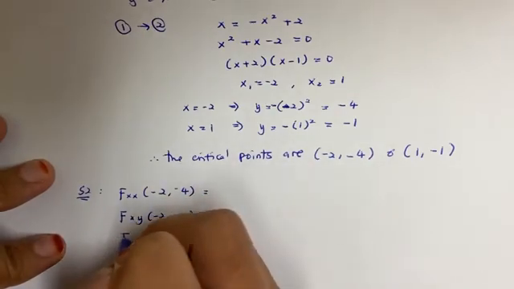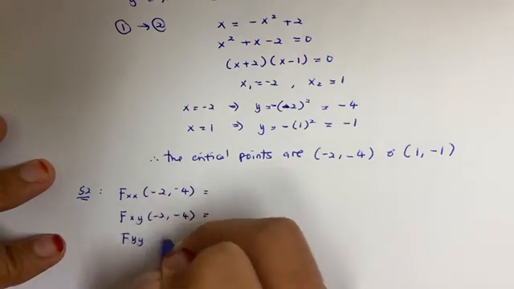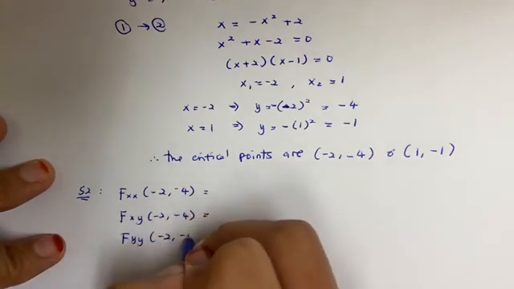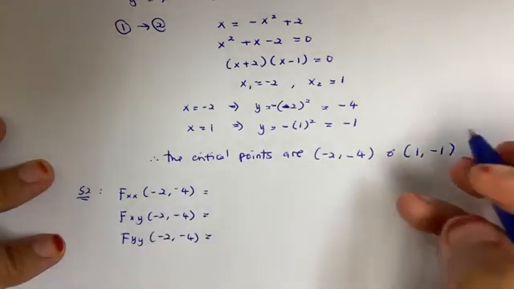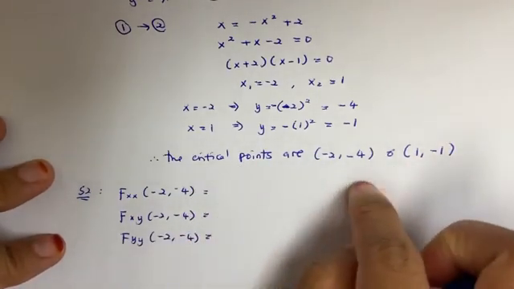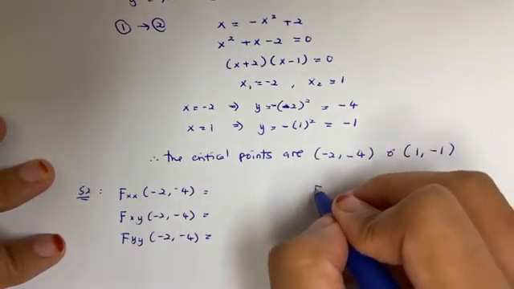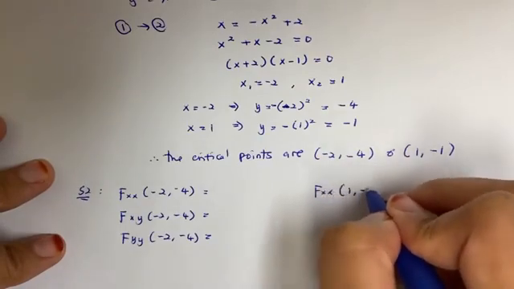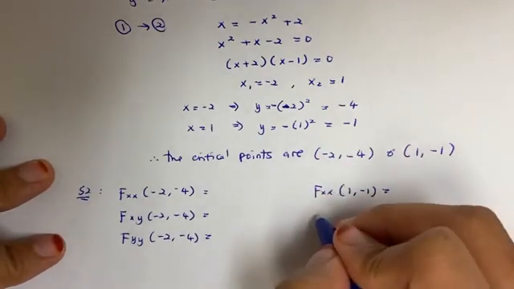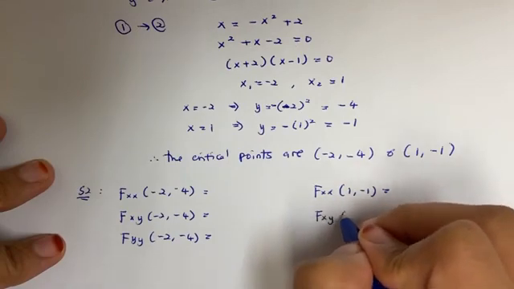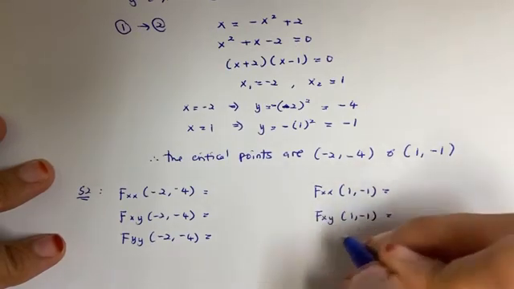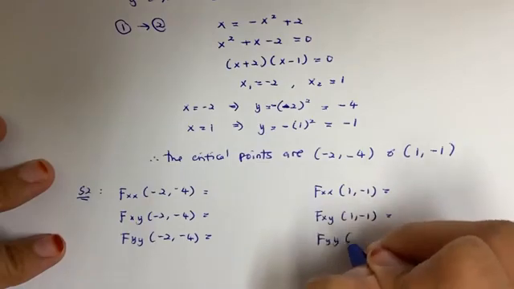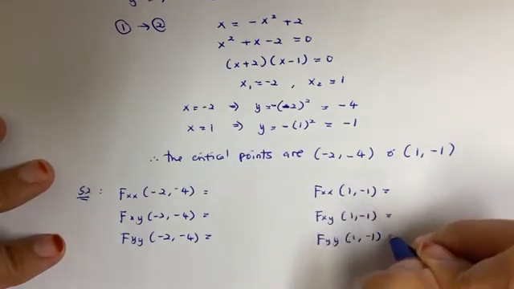Then you need to find fyy for negative 2, negative 4. And since you have two critical points, you need to find fxx, fxy and fyy for 1, negative 1 as well.